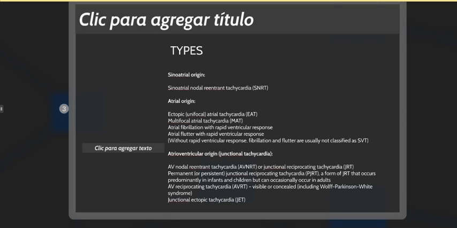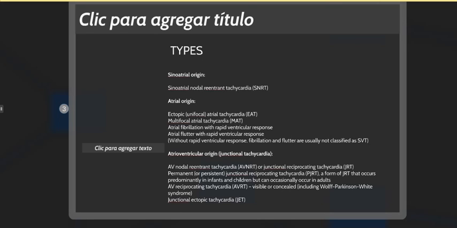Types of SVT. Sinoatrial origin: sinoatrial nodal reentrant tachycardia. Atrial origin: ectopic atrial tachycardia, multifocal atrial tachycardia, atrial fibrillation with rapid ventricular response, atrial flutter with rapid ventricular response.